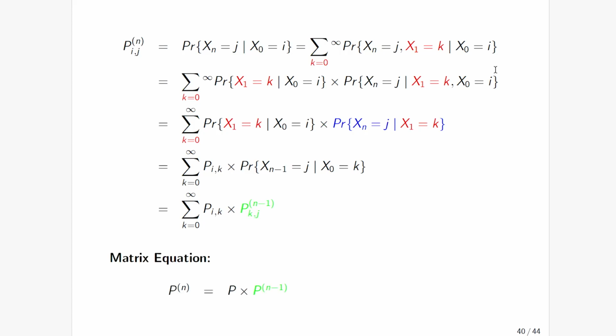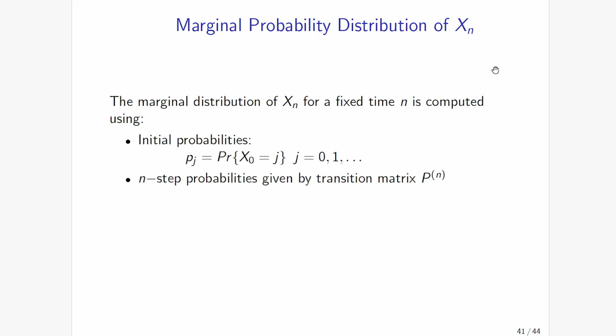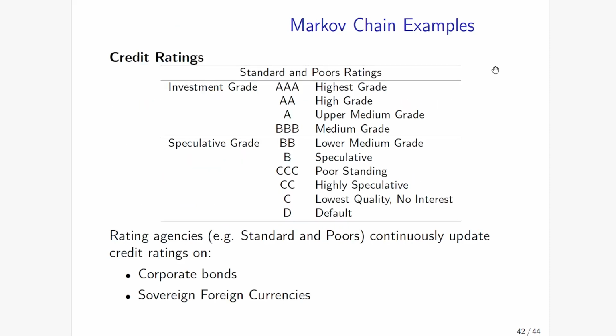So we end up getting this matrix equation: the n-step transition probability matrix is equal to the one-step matrix P times the n minus 1 step transition probability matrix in green. Okay, well, these transition probabilities together with the marginal distribution of the initial state give us the marginal distribution of Xn at any time. So these formulas just indicate how we do these computations.